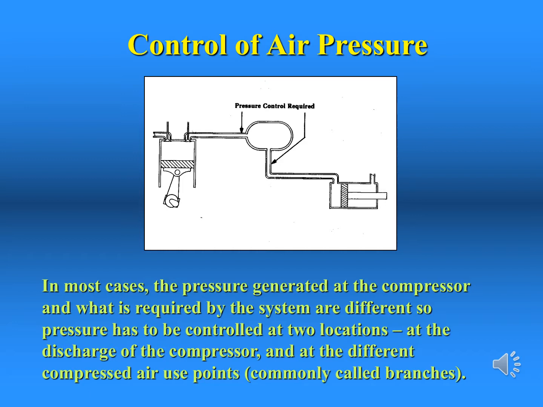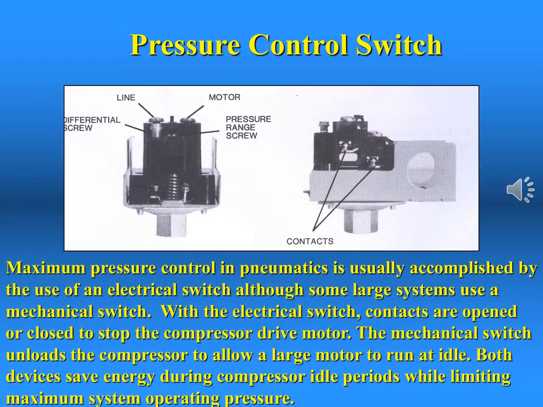A pressure switch uses contacts to channel electrical energy to the prime mover. Second, downstream, a pressure regulator is used to reduce the pressure to the usable level of the actuator located at the point of operation. Mechanical pressure switches use a flexible device called a bellows to push against a spring, which in turn allows contacts to open and stop electricity from getting to the prime mover, which is usually an electric motor.